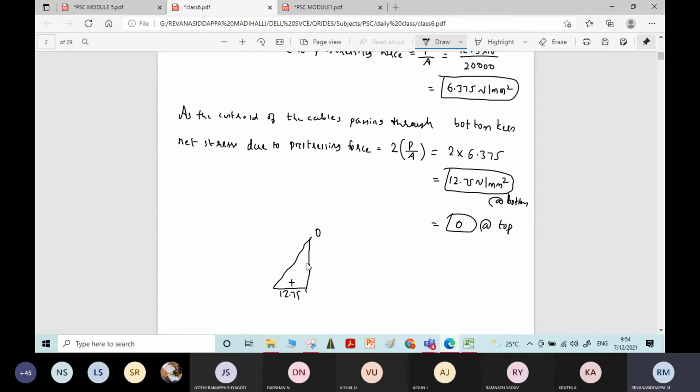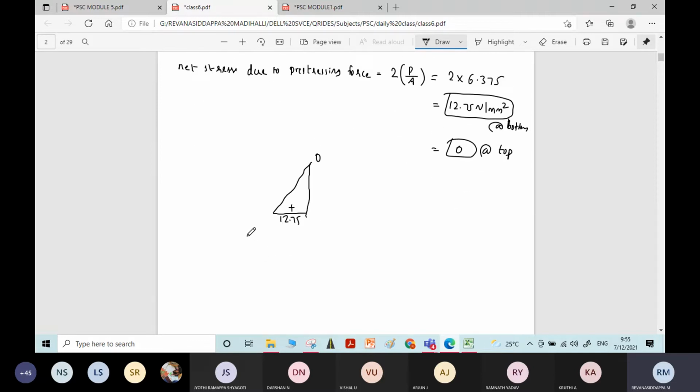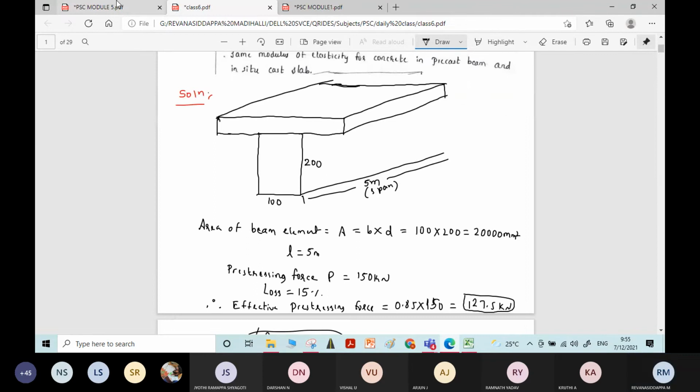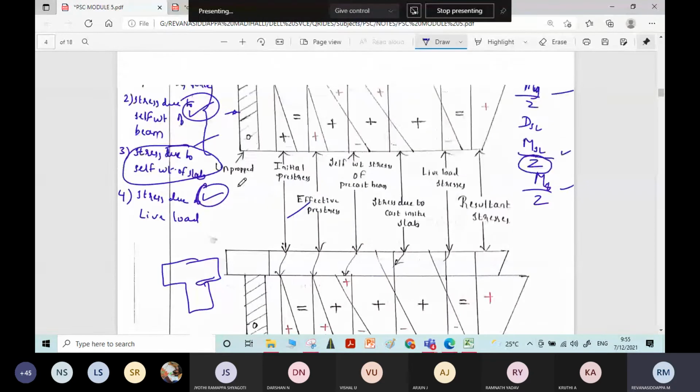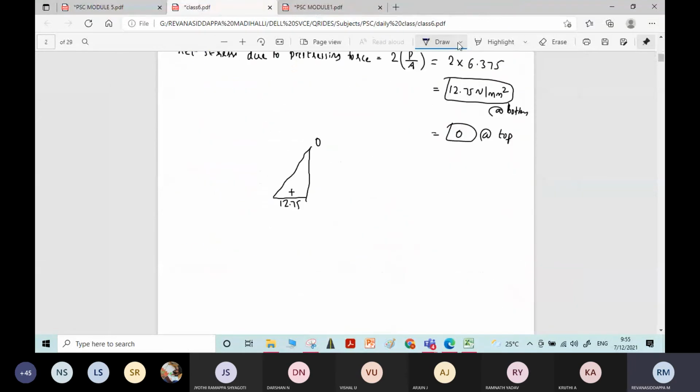Now what is next? What next we have to find? The stress due to the self-weight of the beam. This you can easily find. Second one, stress due to self-weight of the beam.